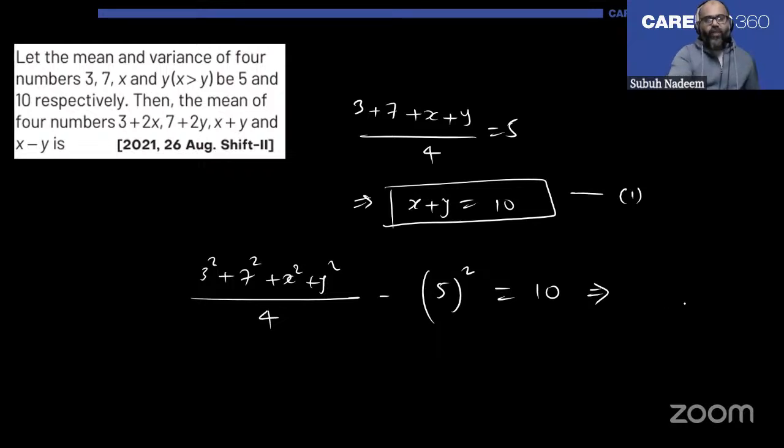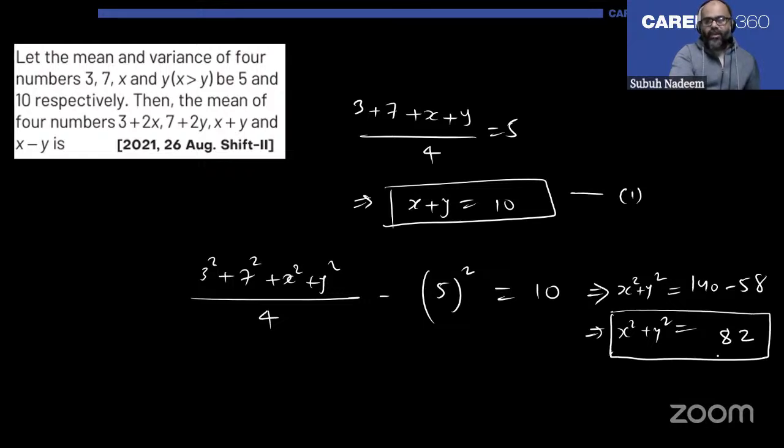So 140 minus 58, if we do, this will give you x square plus y square, which is 82. So this is another relation.